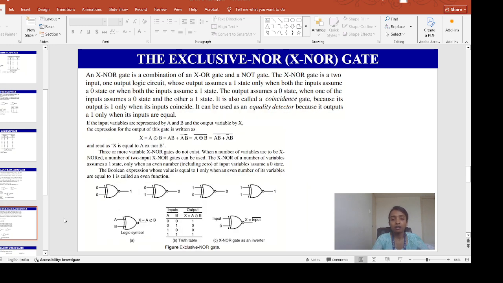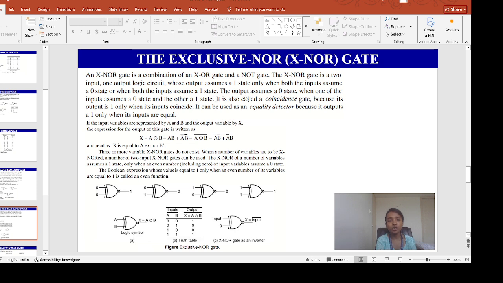Okay. Now the XNOR gate. It is the exact complement of the XOR gate. So an XNOR gate is a combination of a XOR gate and a NOT gate. The XNOR gate is a 2 input 1 output logic circuit whose output assumes a 1 state only when both the inputs assume a 0 state or when both the inputs assume a 1 state.